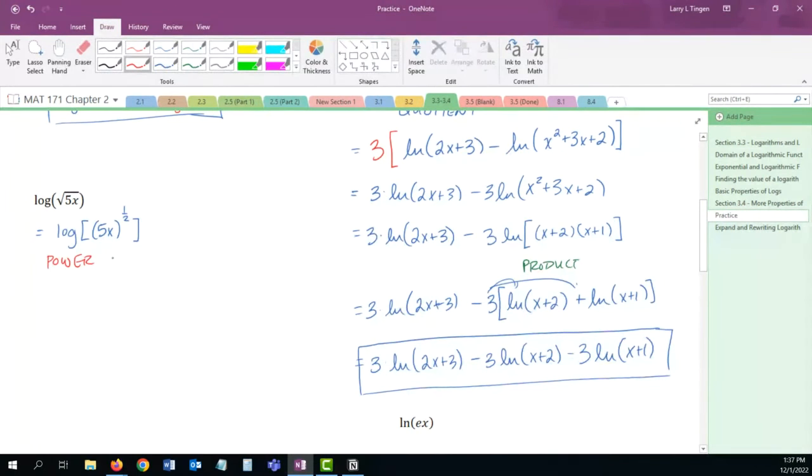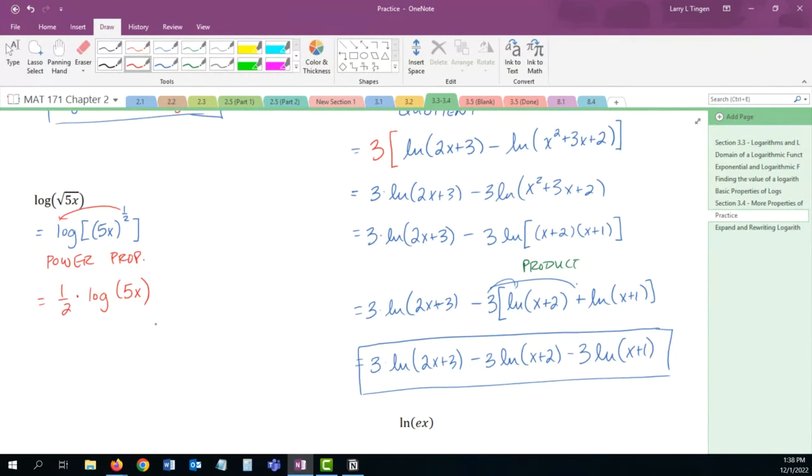Why is that good? Because the power property says if I have the log of something raised to a power, I get to rewrite this as the power times the log of whatever the base was. Excellent, right?